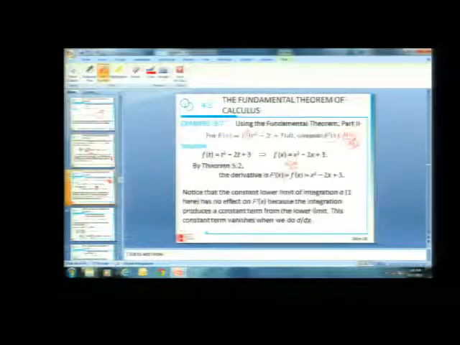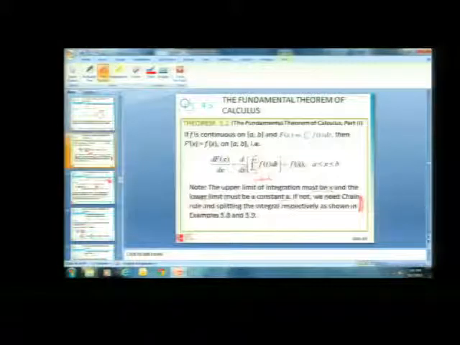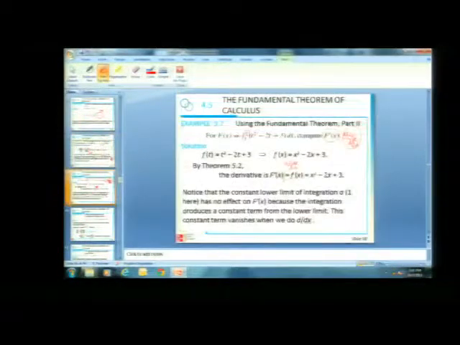Therefore, what is the derivative of this integral? According to the theorem, it is simply f(x). So whatever f(t) is, you just rename the variable t as x. That's all you do. Replace t by x, then you get f(x). So here, do the same thing. f(t) is t squared minus 2t plus 3, the integrand.